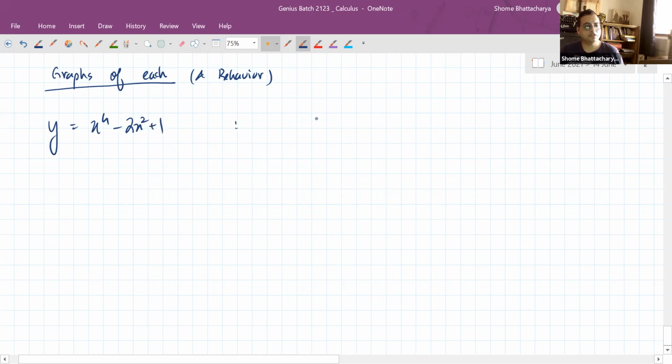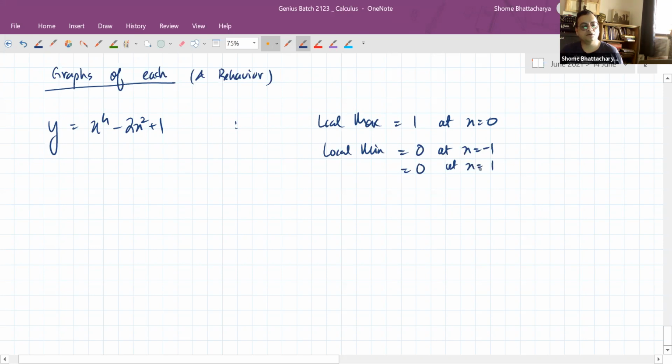Okay, now we saw that it has local maxima equal to 1 at x equal to 0, and it has local minima equal to 0 at x equal to -1 and again equal to 0 at x equal to +1. So it had two local minimas and one local maximum like this.